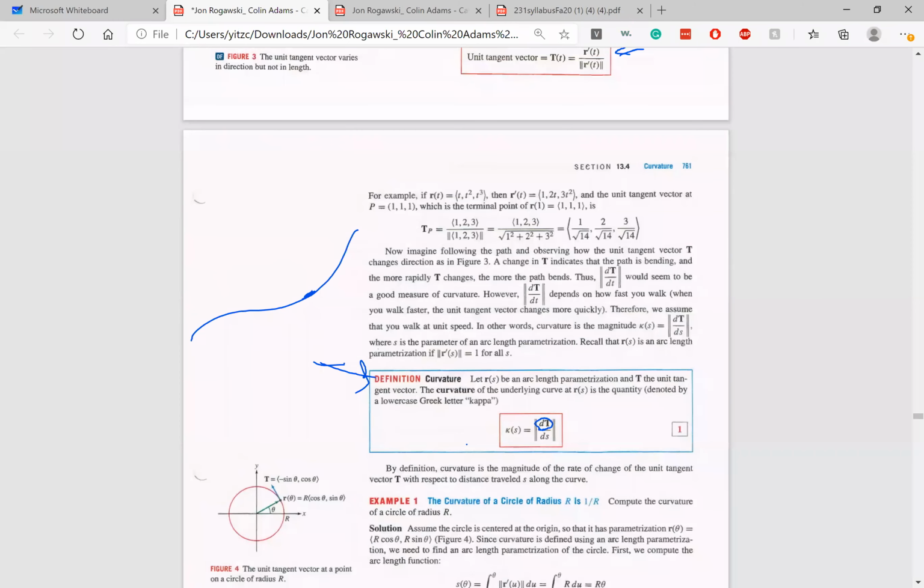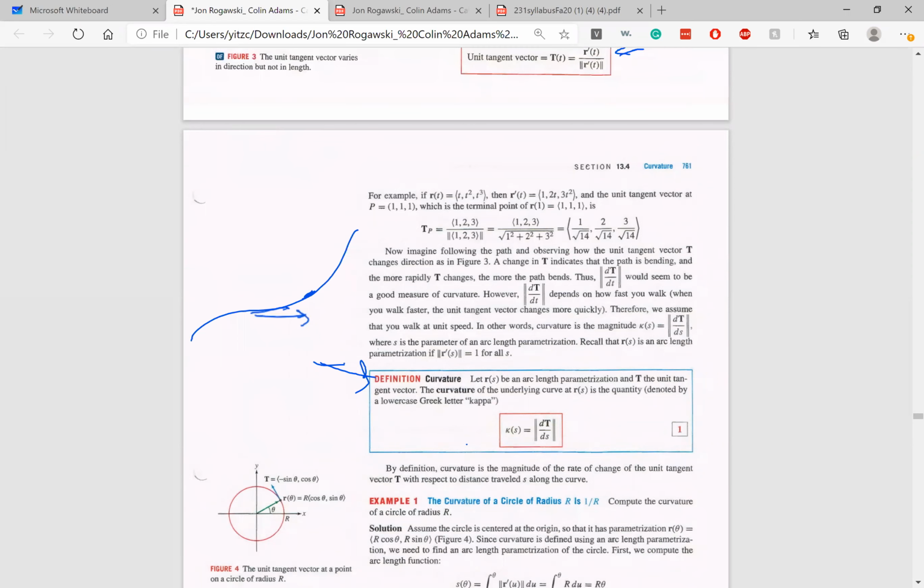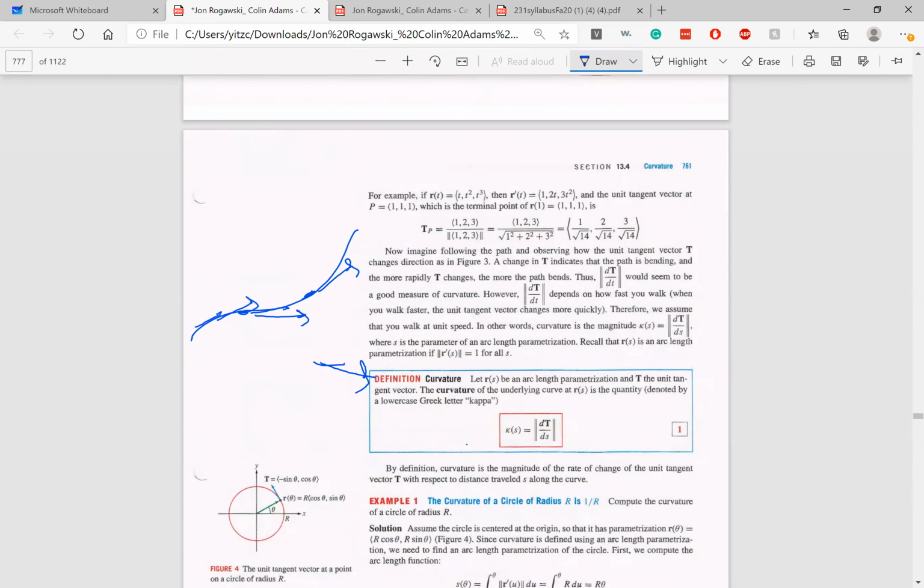But anyway, the curvature is going to be the change of your tangent vector over the change of s. So imagine here are all your unit tangent vectors, and we vary s a little, and we see how the tangent vectors change.